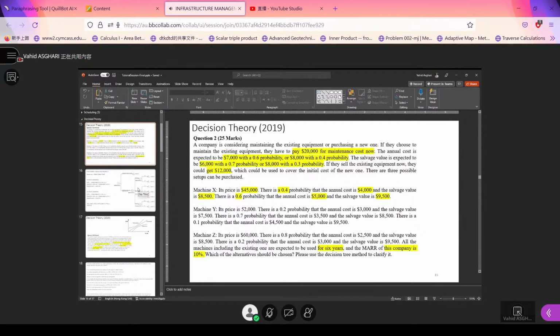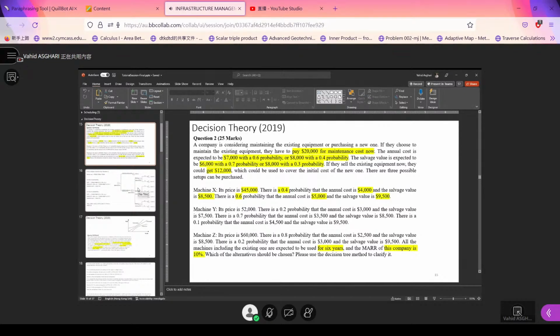Let me tell you something here: you need to be extremely careful about every single detail provided in these questions, because scheduling or the next part, project monitoring, are template problems.